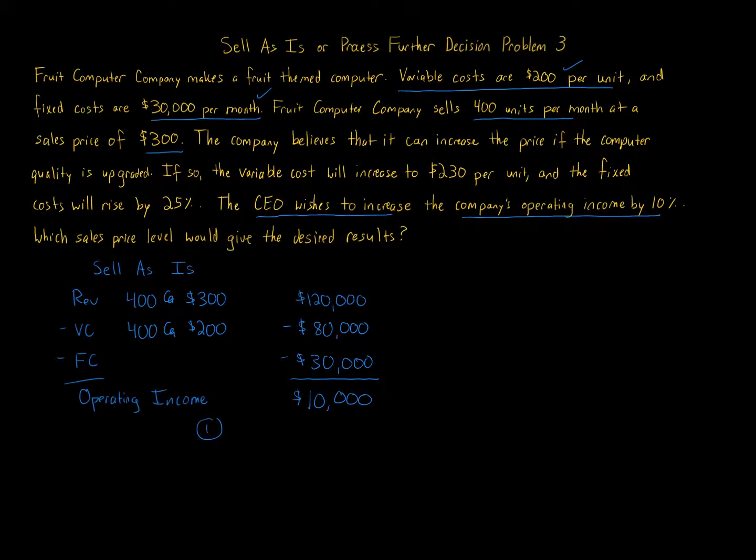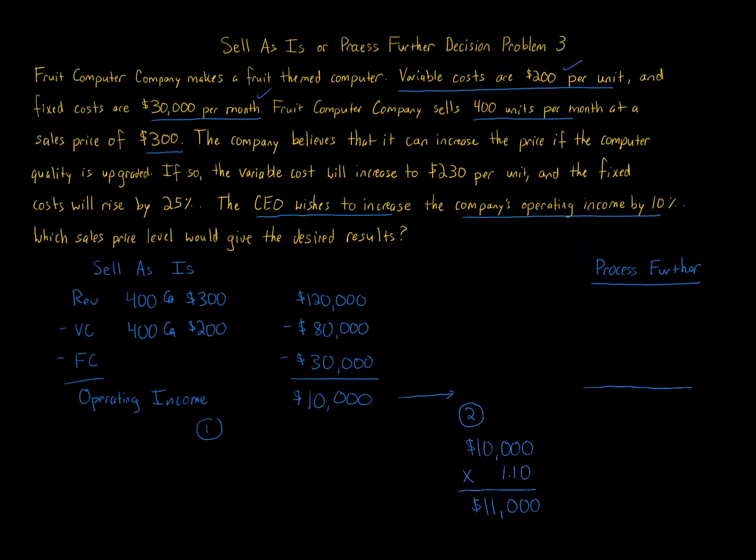So step 1, calculate operating income. Step 2, we bring over the operating income to the process further. We set it equal to 10,000 times 1.10, which is going to equal $11,000.